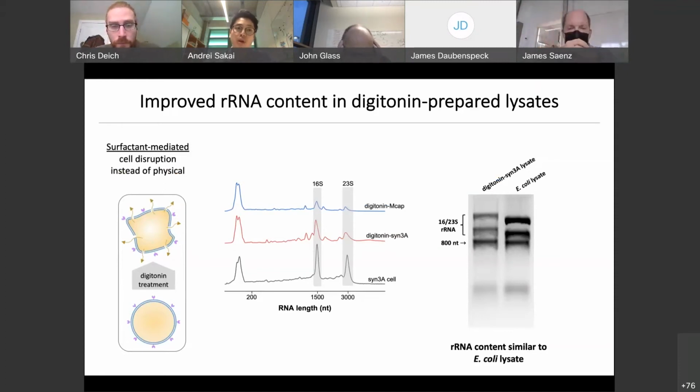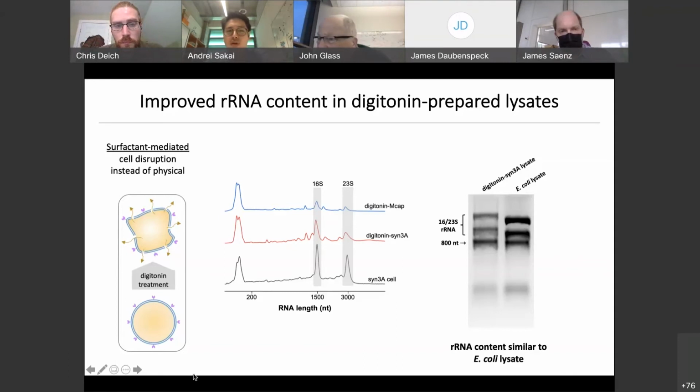So we tried surfactant-based methods, which are not very common for cell-free expression systems. And what I'm showing here is that we used digitonin, which specifically precipitates sterols. So it works well for the cholesterol-containing membranes of mycoplasmas.